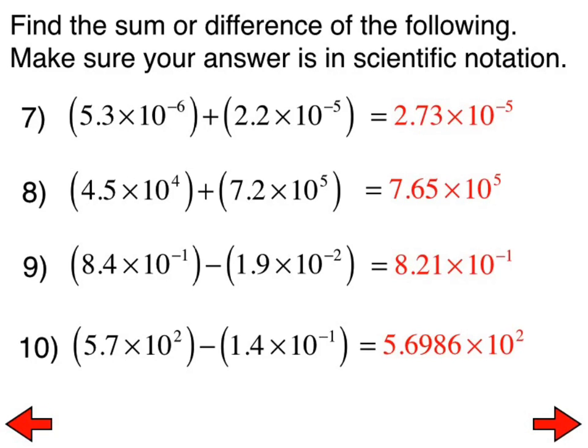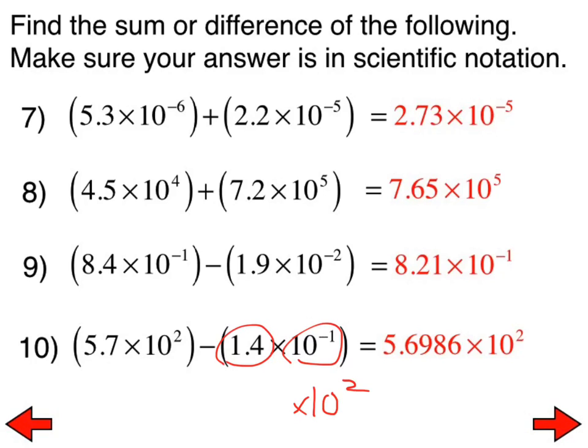Yes. I just got 5.686, not 6986. Well, let's see here. So I had to turn this. I can see by the answer that we need to turn it into 10 to the second. So I made this bigger by a factor of 10 to the third power, right? So that means I need to make this smaller by a factor of 10 to the third.